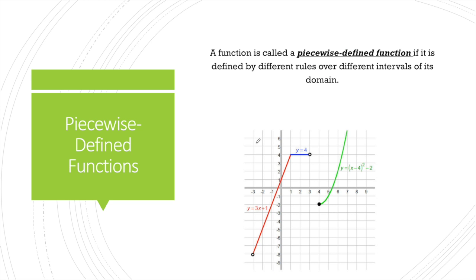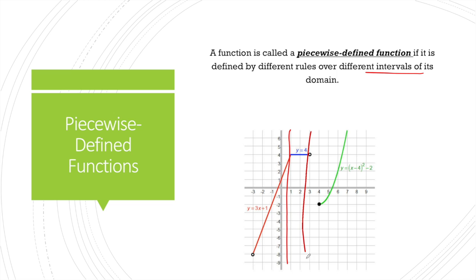The next type of function I want to talk about is a piecewise function. It's called a piecewise function because it's defined by different rules over different intervals of the domain. What does that even mean? It means we're breaking up our x-axis into chunks. So for this red chunk over here, our function is defined by a line.